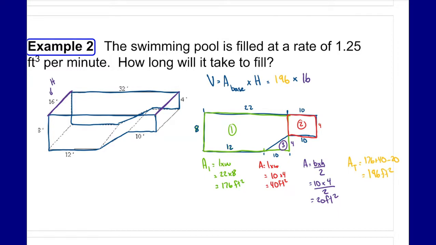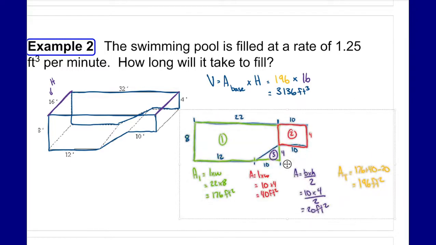So for the volume, the total volume is 196, the area of the base, multiplied by the height, which is 16, and we should find that it is 3,136 cubic feet for our pool. So our pool has a volume of 3,136 cubic feet.